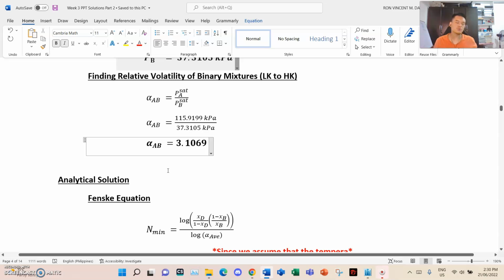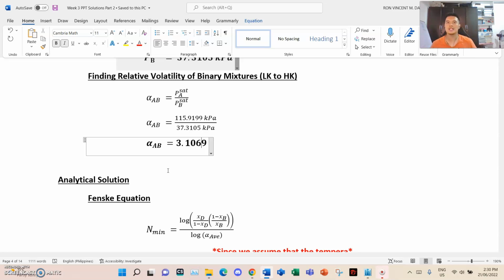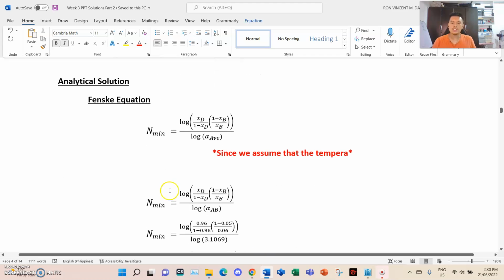There are also other shortcut equations for distillation columns, such as the Underwood equation and the Gilliland equation. But to find just the minimum number of theoretical stages, we can just use the Fenske equation. It is as follows: the mole fraction of the light key at distillate, the mole fraction of the light key at bottoms, and the average relative volatility.